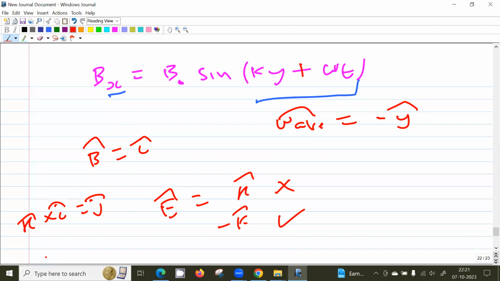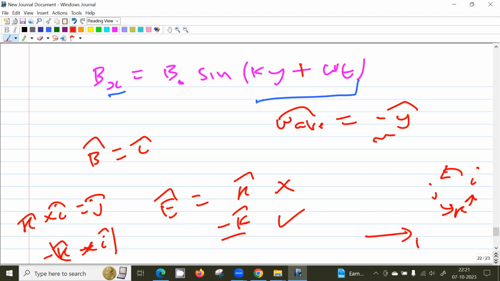Taking cyclic order i, j, k: i cross j is k, j cross k is i, and k cross i is j. Here you want minus j, so it should be minus k. So the electric field is in the minus z direction.